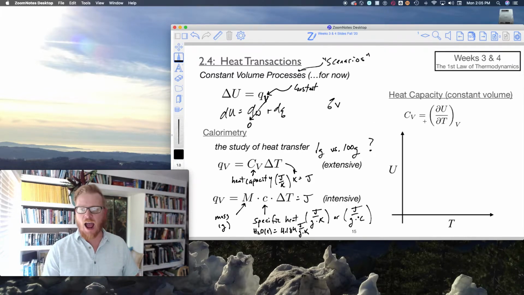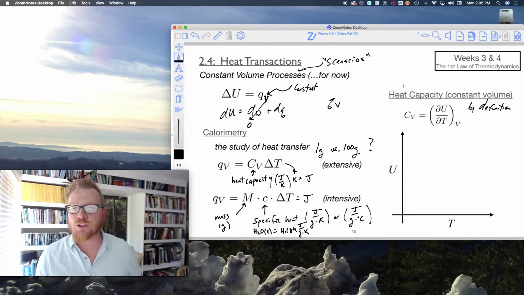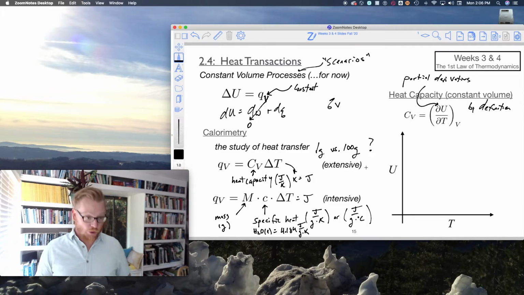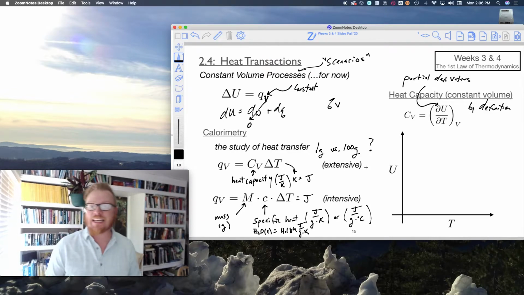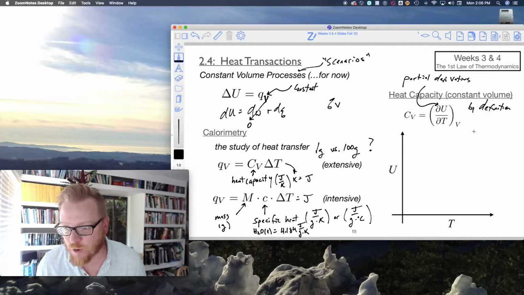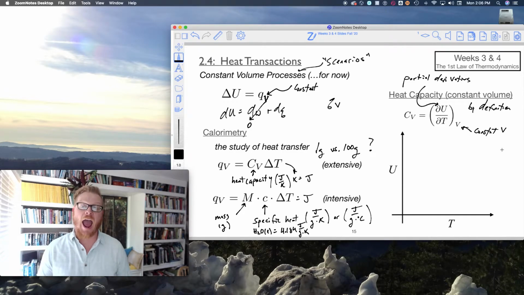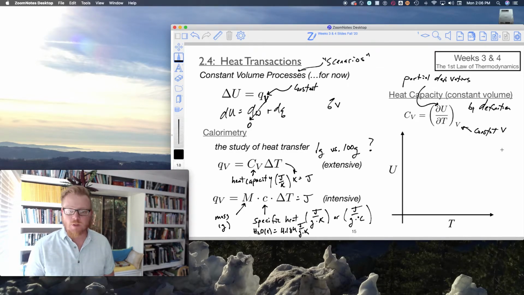Now if we look at the definition of heat capacity: by definition, heat capacity is the partial derivative, and don't forget what partial derivatives are, of U with respect to T at constant V. What does this mean?